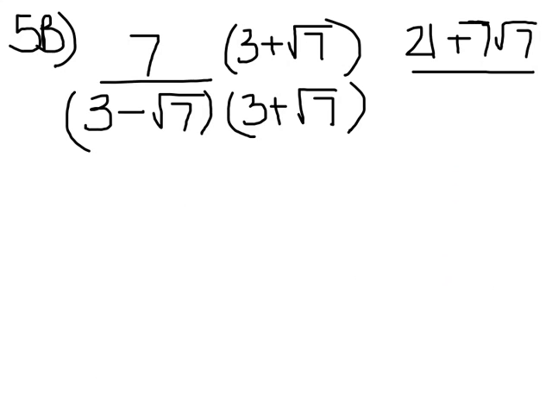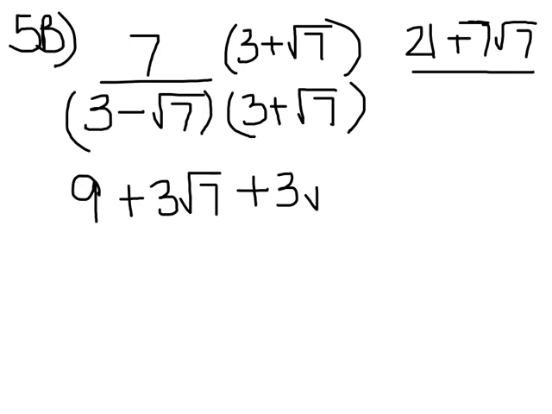On the bottom, we'll have to do our distributive property. So 3 times 3 will give us 9. 3 times radical 7 will give us a positive 3 radical 7. Negative radical 7 times 3 will give us minus 3 radical 7.